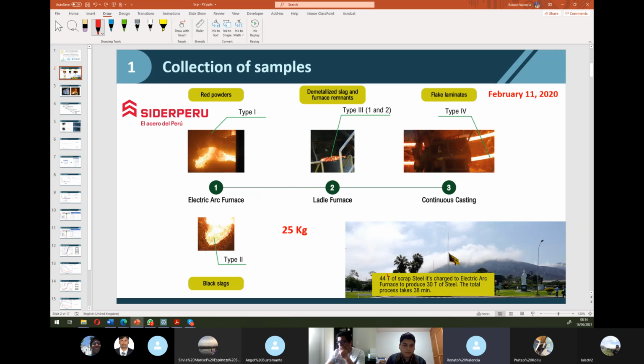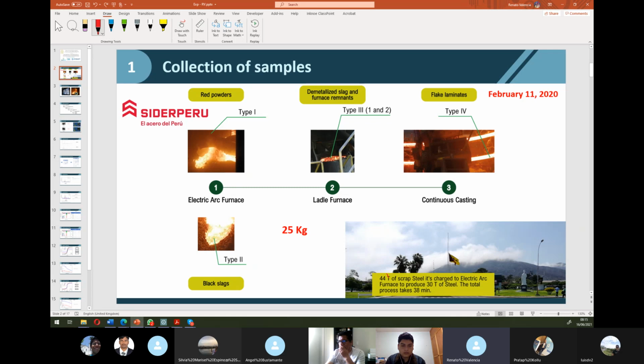In the total process, 44 metric tons of scrap steel is charged to produce 13 metric tons of steel, and the total process takes 38 minutes.